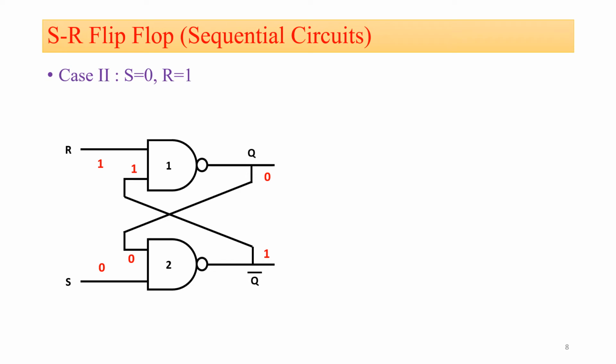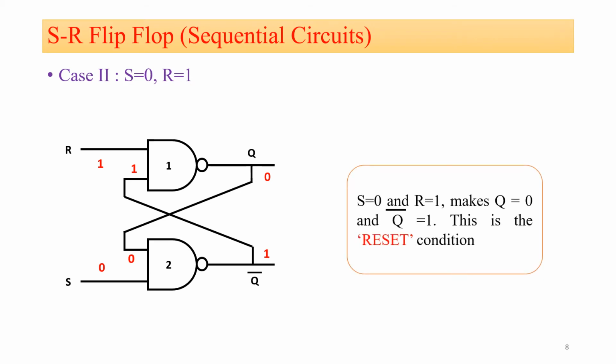Again for 0 0, your output equals 1, and this will continue, meaning your Q continues to be 0 and Q bar continues to be 1. So when S equals 0 and R equals 1, this makes your Q equal to 0 and Q bar equal to 1, and this condition is called reset condition.